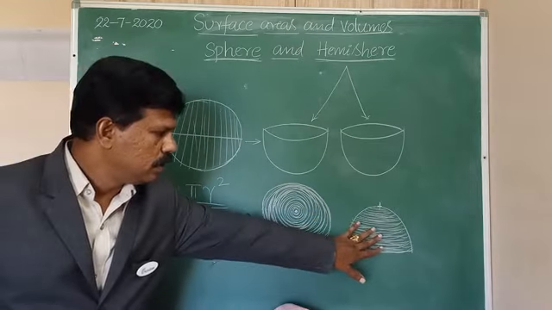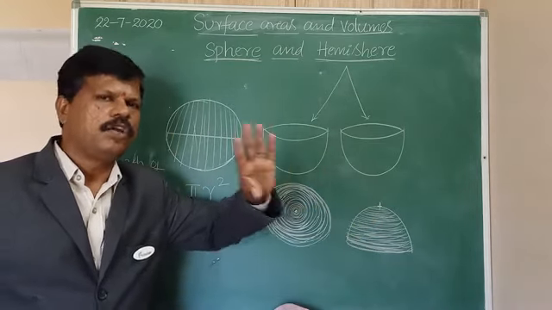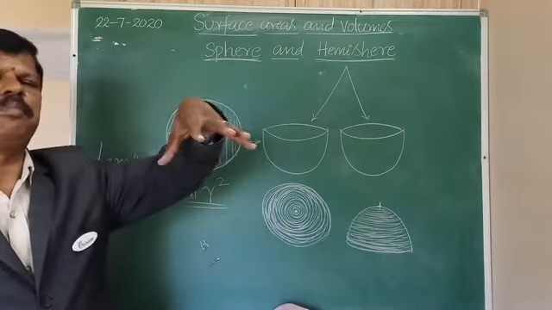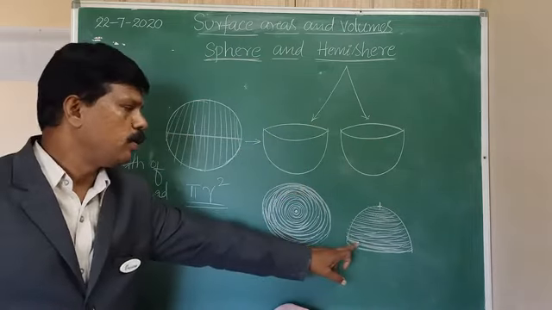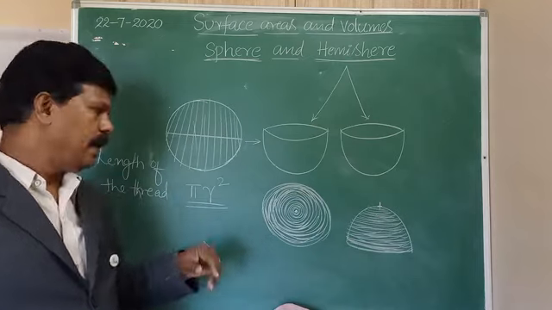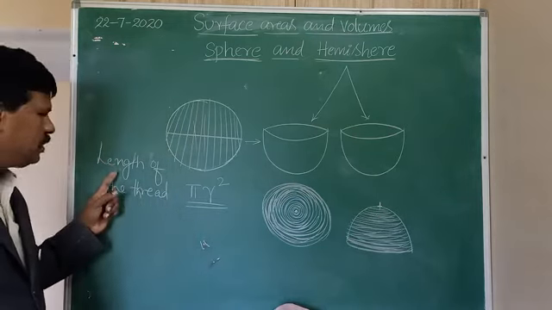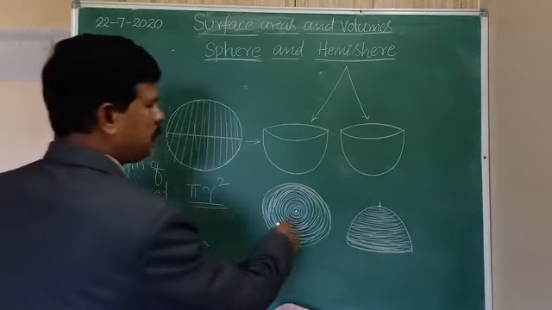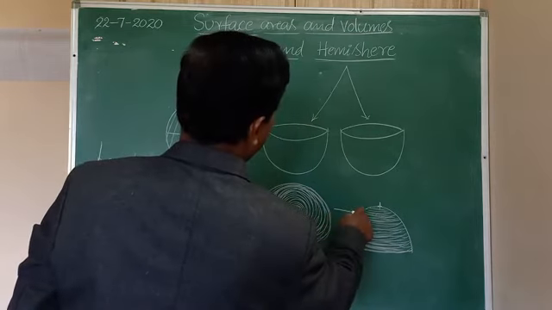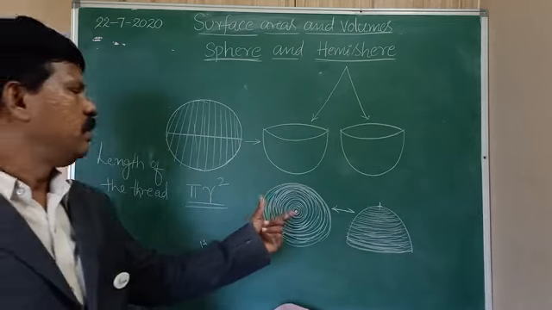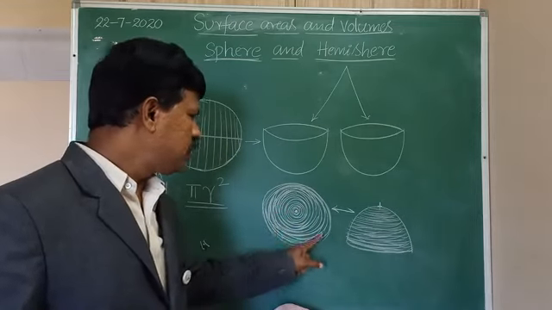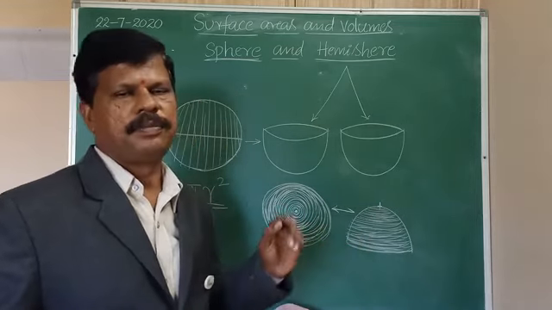So here, what is this? You are covering the upper part of a bowl. Now remove that thread and compare this length and this length. Compare the length of the thread used for covering this part and this part.